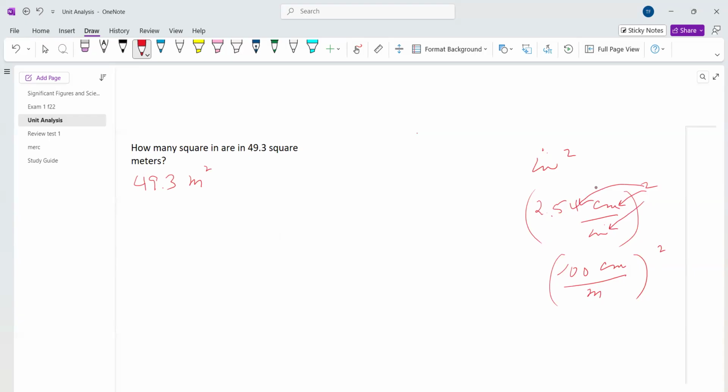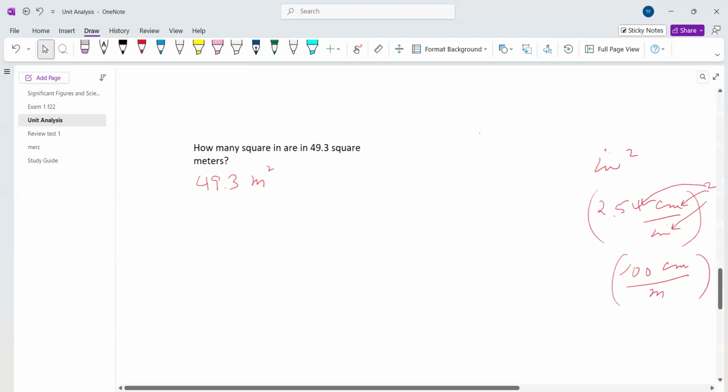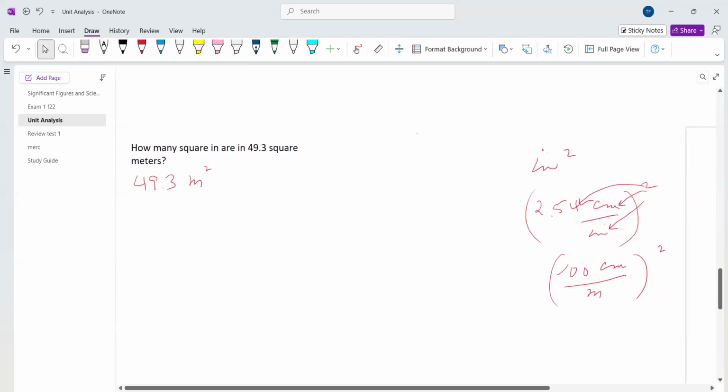Okay, so 2.54. There's two ways to do this. You can do the math on the conversion factor first, then plug it in, or you can just put it into the calculator and do it as you go. Okay, so let's do it. Let's square it first.